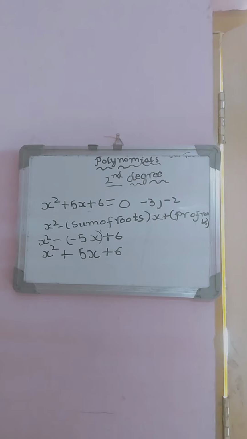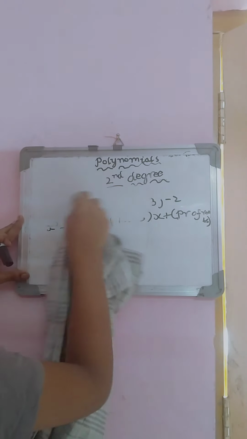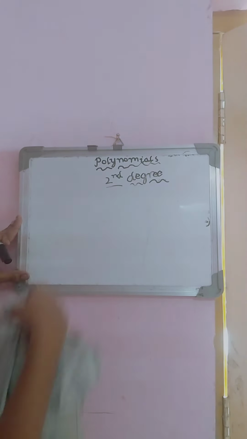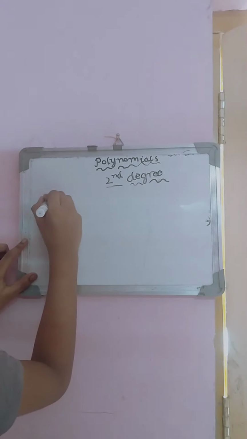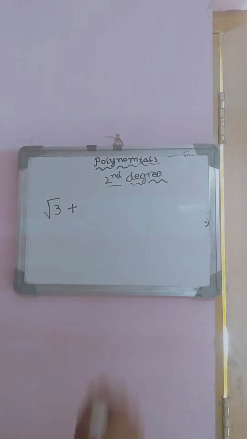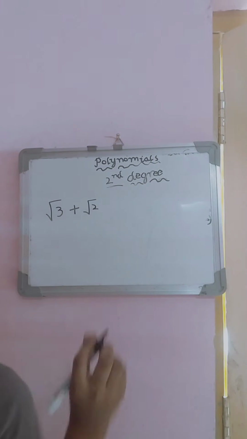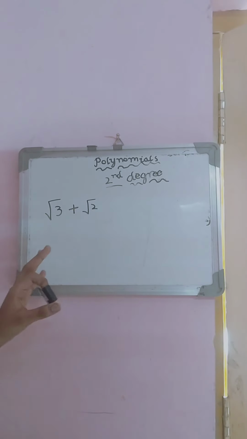Now let us take another example. Here we do not know the equation, and directly we should find the equation from the roots. It is something difficult. Now if they give root 3 plus root 2, this is the root of some equation.